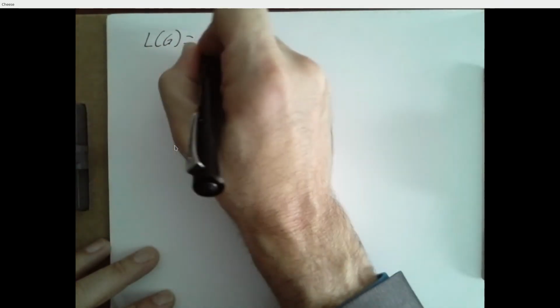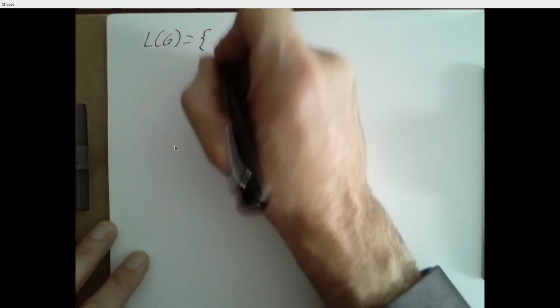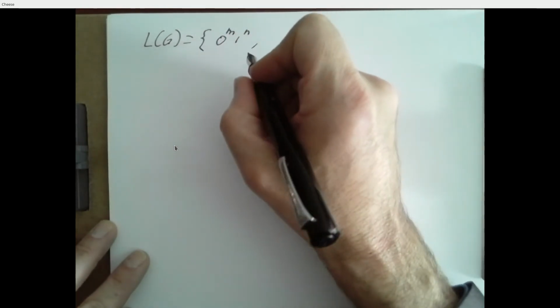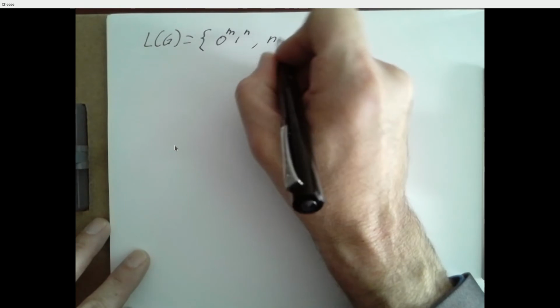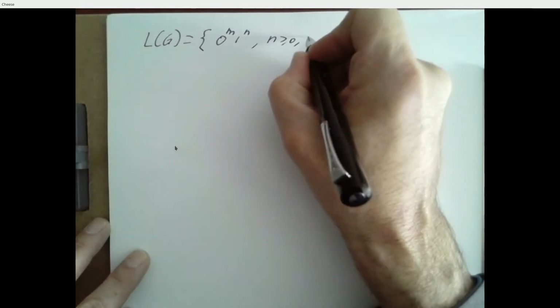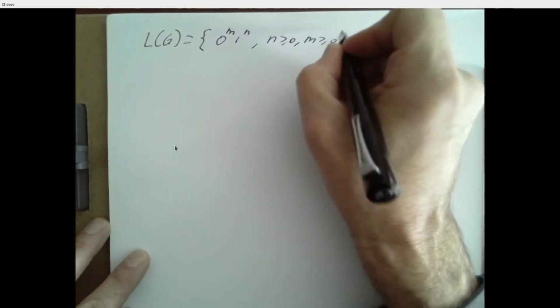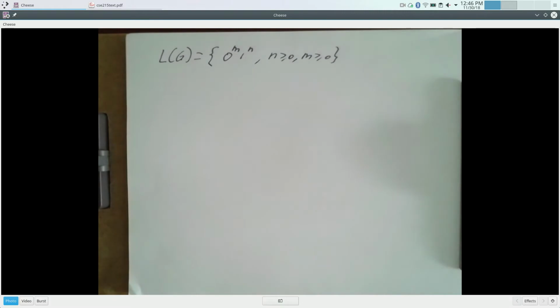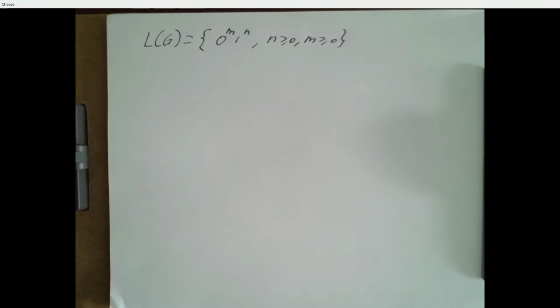So we have a phrase structure grammar, and its language looks like this. And I'm using this shorthand notation to say that the words that belong to this language are everything of this form, some sequence of zeros followed by some sequence of ones.